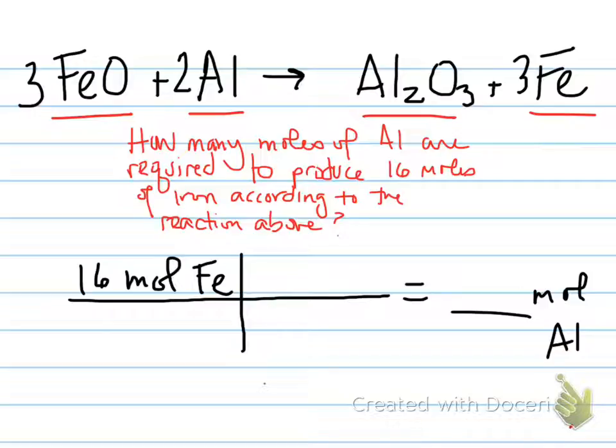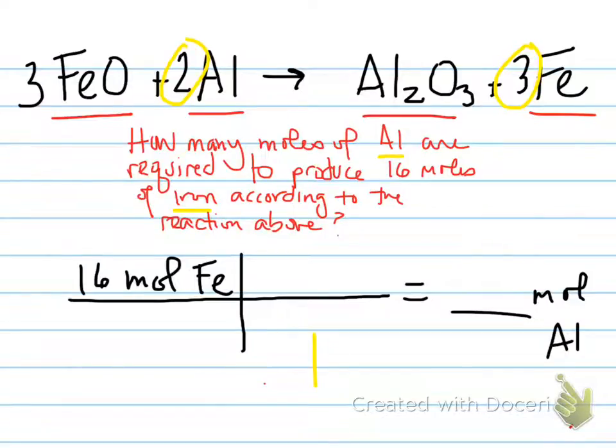So we're looking for a mole ratio between the 2 chemicals that are involved here, and those are aluminum and iron. So we're looking at aluminum to iron. So we know that it's 2 moles of aluminum for every 3 moles of iron. The question is, what goes where?